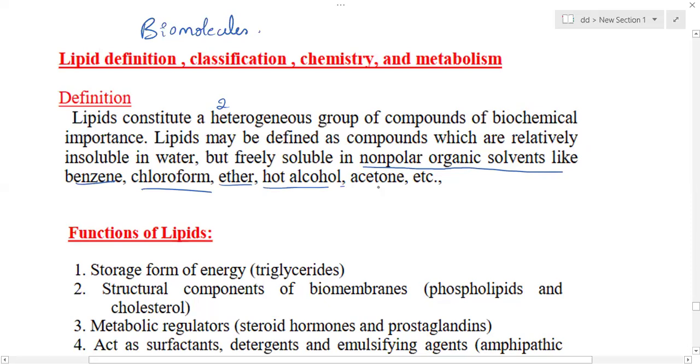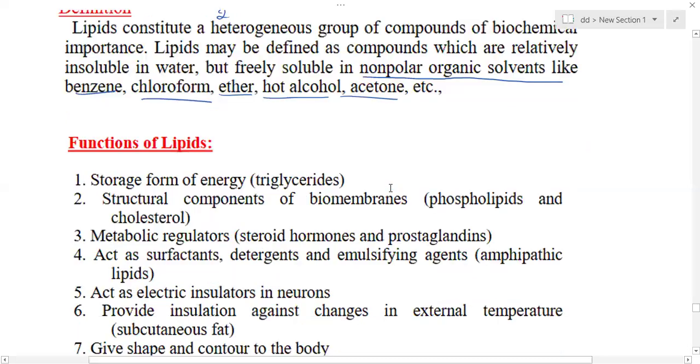Even in acetone, they will be soluble. So lipid is never going to dissolve in water, but it can easily dissolve in non-polar organic solvents.